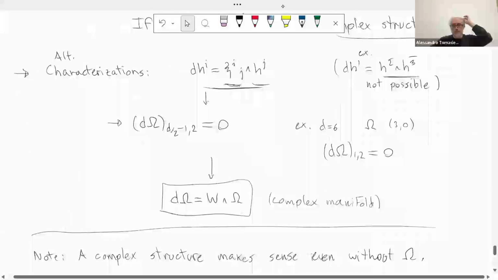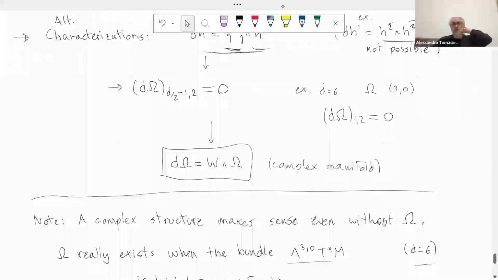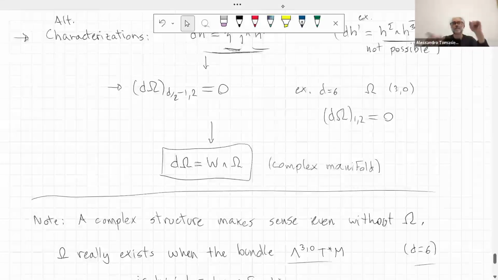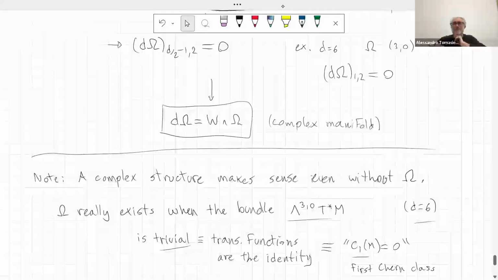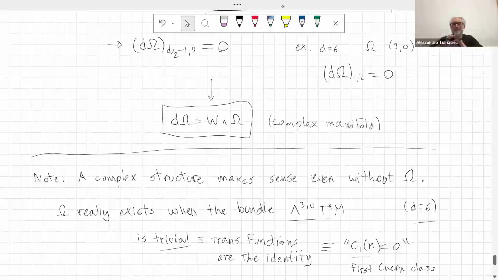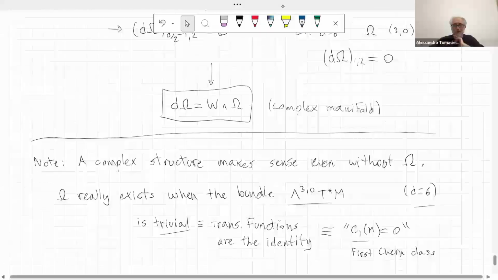So even though now these conditions might look a little mysterious, they come naturally from physics. I've simplified the discussion a bit. Wait for the rest of the lecture to see how this comes about.